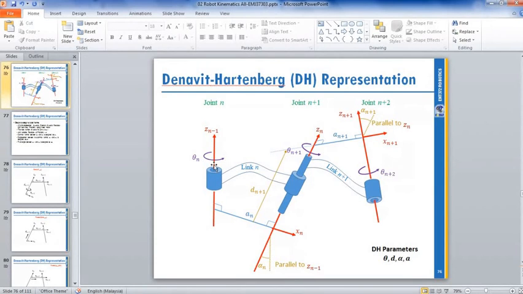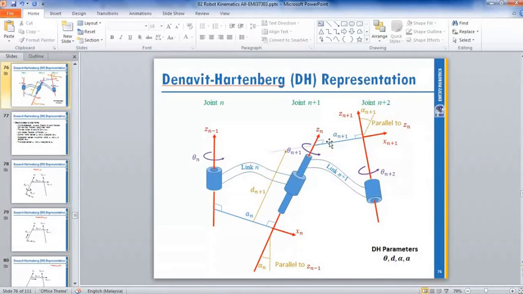So this is the Z axis. So the X axis is 90 degree perpendicular to the Z axis. And then you have another joint, robotic joint. So this X must be perpendicular to another Z axis, perpendicular 90 degree.